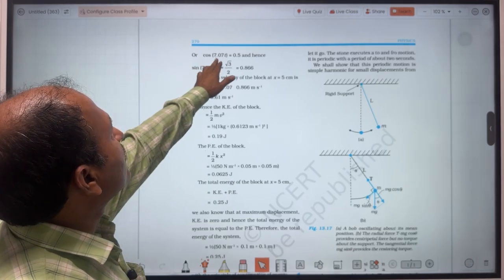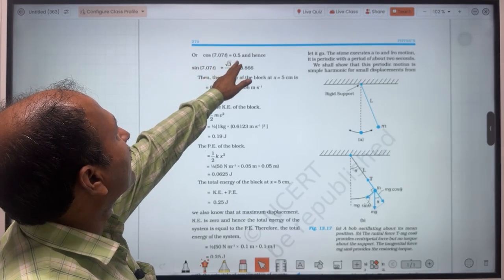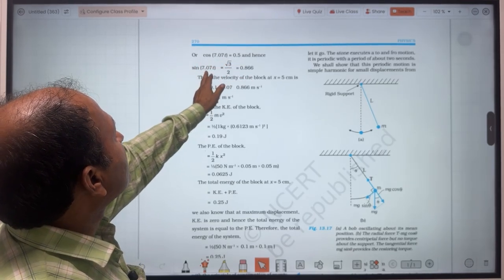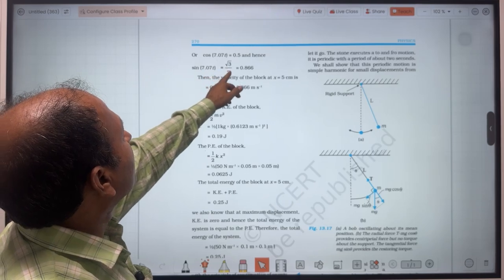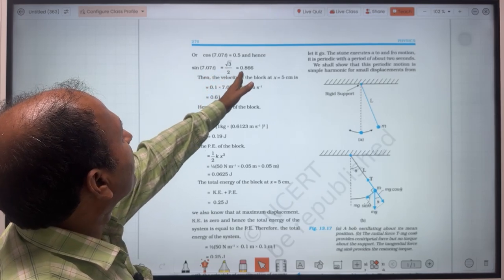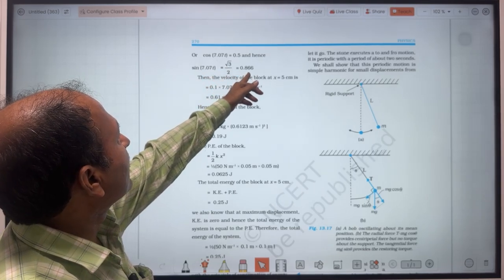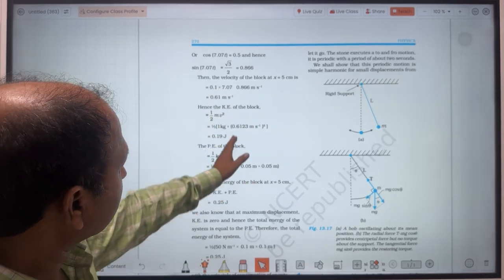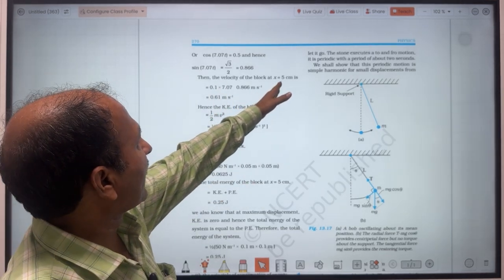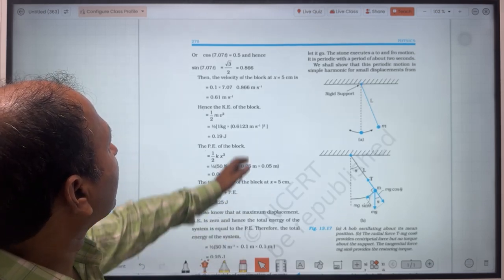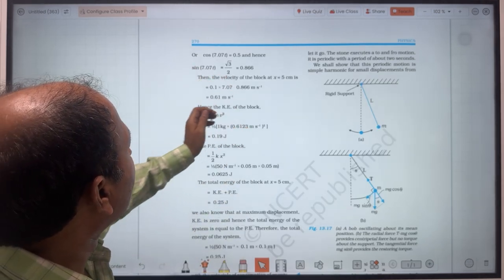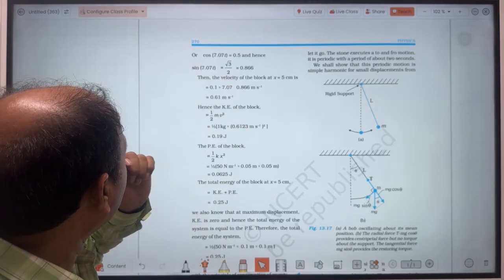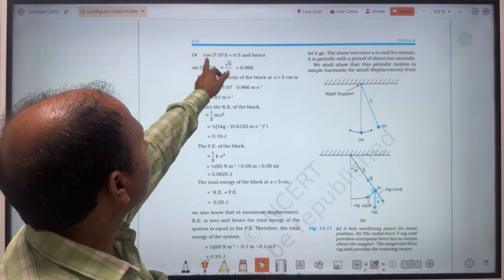It becomes cos 7.07t equal to 0.5, and then sin 7.07t equal to root 3 by 2, and that comes out to be 0.866. Then the velocity of the particle we can evaluate at x equal to 5 centimeter by putting this value, right? So this value, I think you have understood.